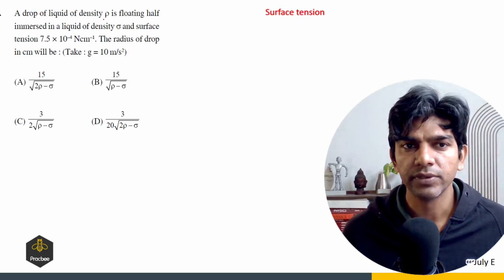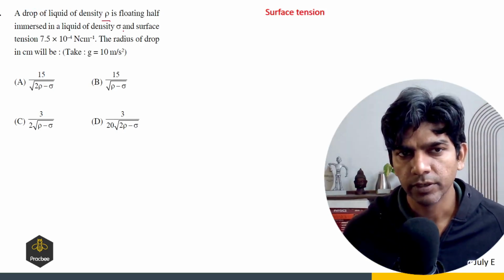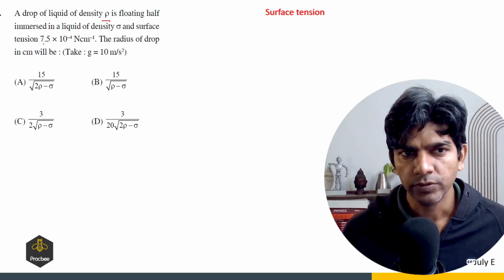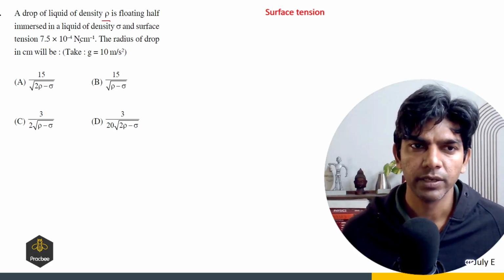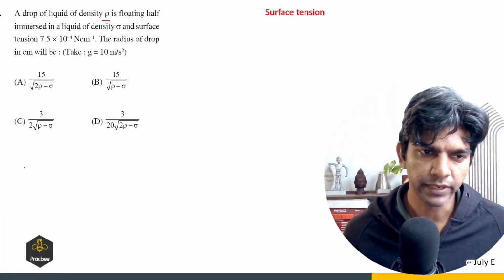A drop of liquid of density rho is floating half immersed in a liquid of density sigma and surface tension 7.5 into 10 raised to minus 4 Newton per centimeter. The radius of the drop in centimeter will be. So here, let me first draw the diagram.